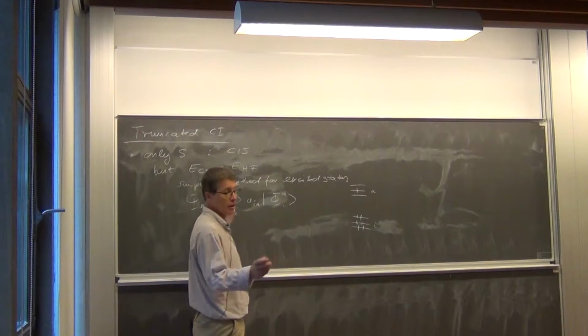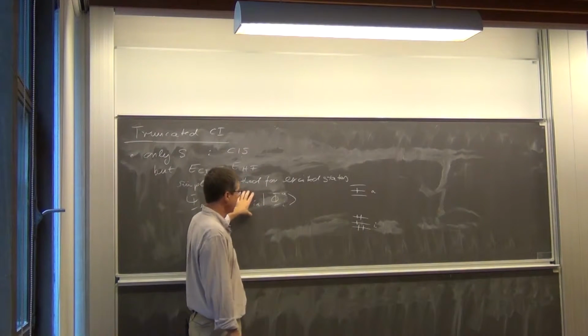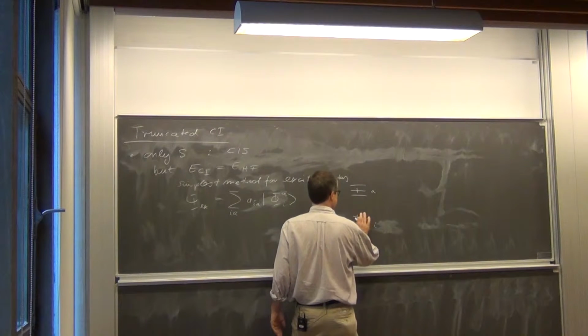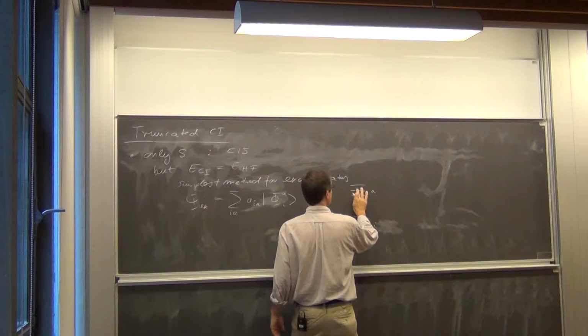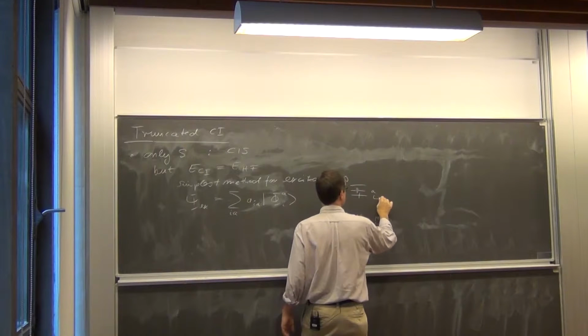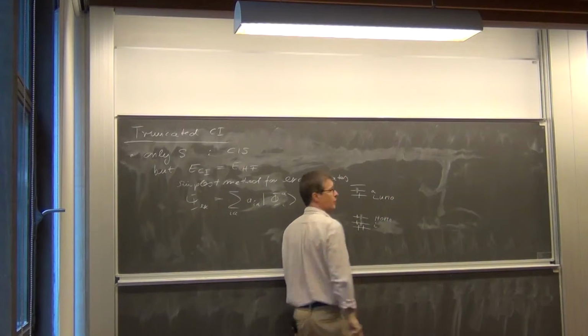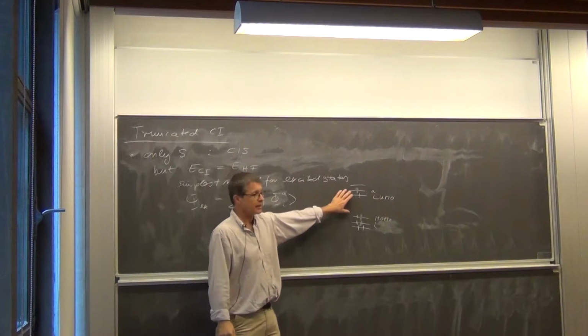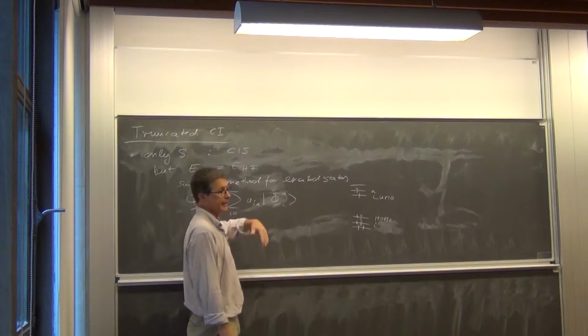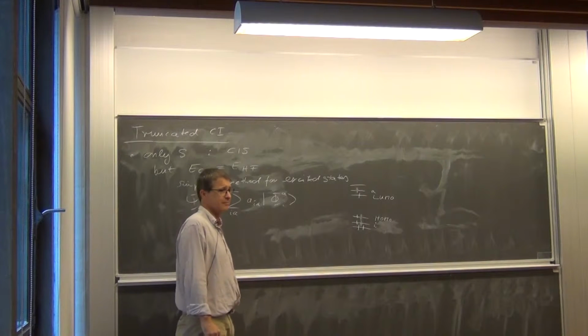And sometimes, obviously not always, you really have the HOMO-LUMO. This is the HOMO, the highest occupied molecular orbital, and the lowest unoccupied molecular orbital. The coefficient for this determinant is 90%.